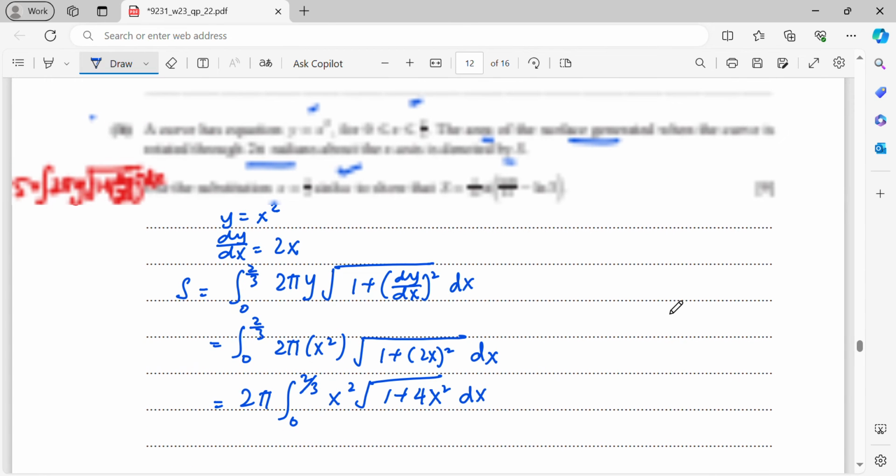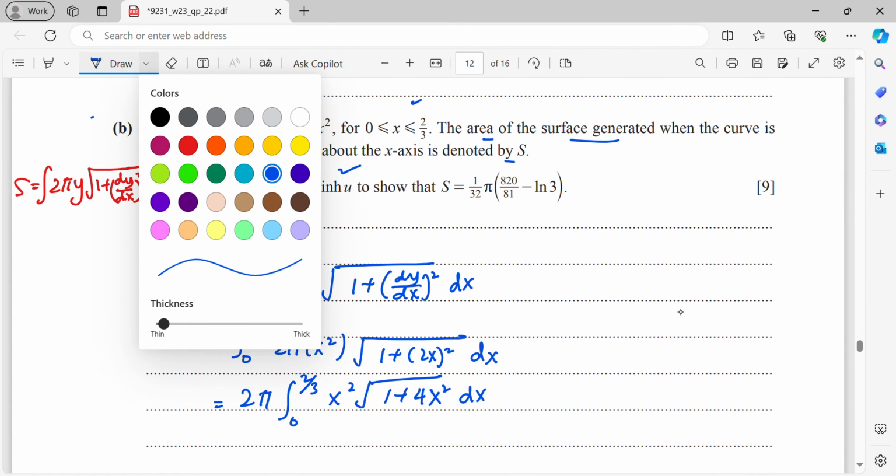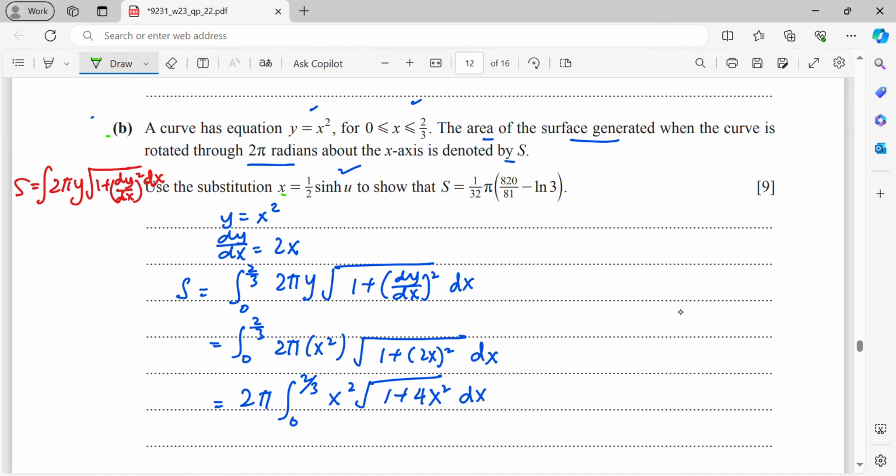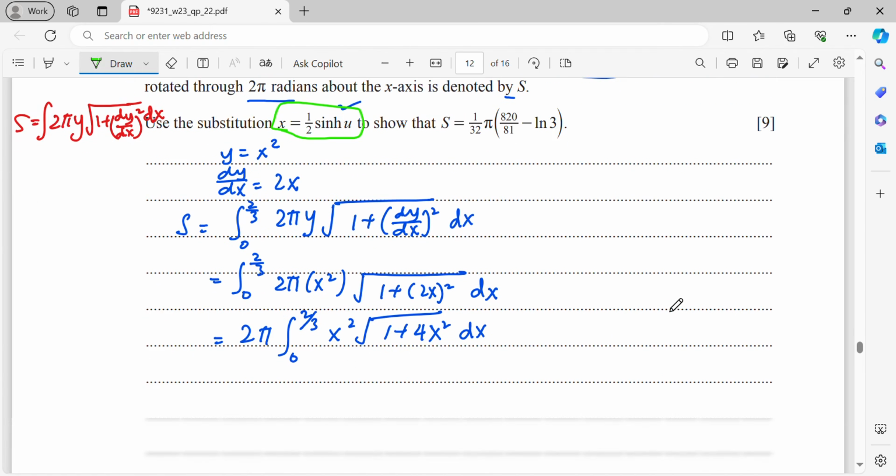And now, the question mentions that you use the substitution x equals half sine u to solve that. So from here I will write x equals half sine u. Or probably I just do it here because we need a lot of space. So x equals half sine u. I need the dx.